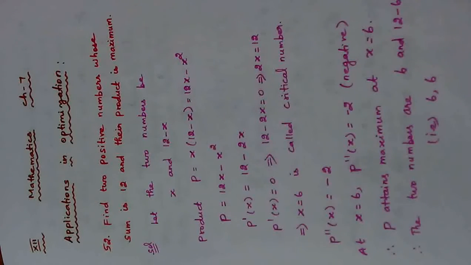Find f double dash of x and substitute the critical number in f double dash of x. If the answer is positive, local minimum. If the answer is negative, then the function attains local maximum. So these are all the concepts that we have seen in the past few classes.